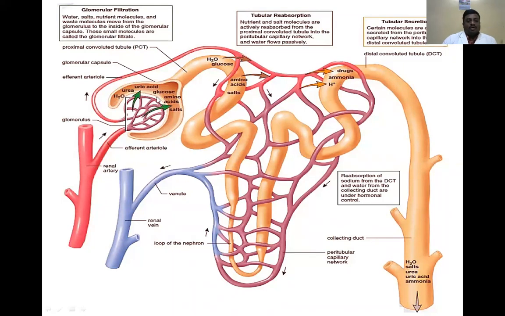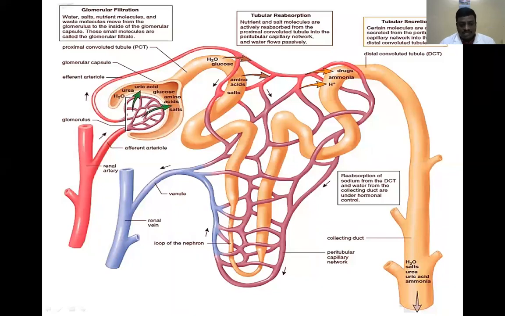Filtration: the blood that reaches the glomerulus has some substances that are filtered into the Bowman's capsule. The remaining blood goes on to the efferent arteriole.